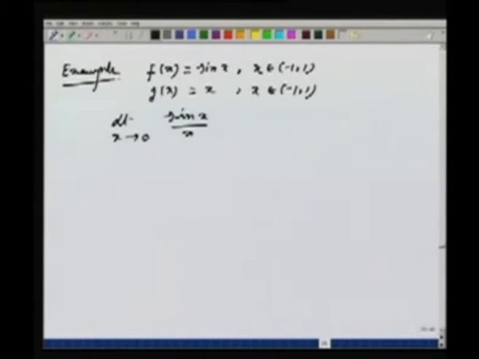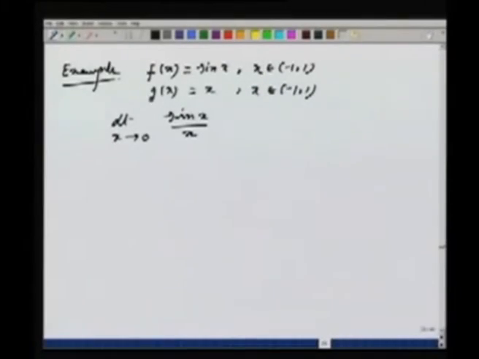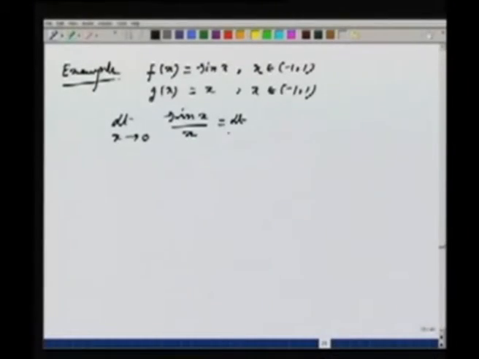Notice that g satisfies the condition of the L'Hopital rule, that g is non-zero at any other points except 0. So if I can apply the L'Hopital rule, it would say that this limit is the same as the limit as x goes to 0 of cosine x divided by 1, which turns out to be equal to 1. It becomes that easy. Now let's go to the proof of the result.